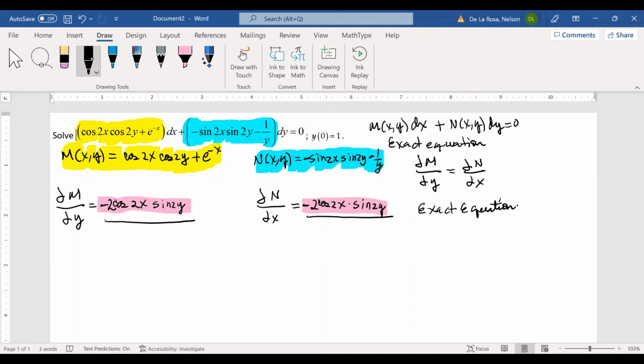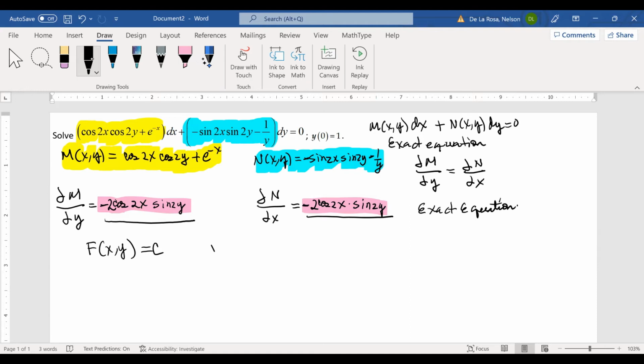Therefore, we can use the method of finding the solution of exact equations, which consists of finding a function f(x,y) equal to c, a constant. Now, how are we going to do that? We have two different ways to find the solution of an exact equation.